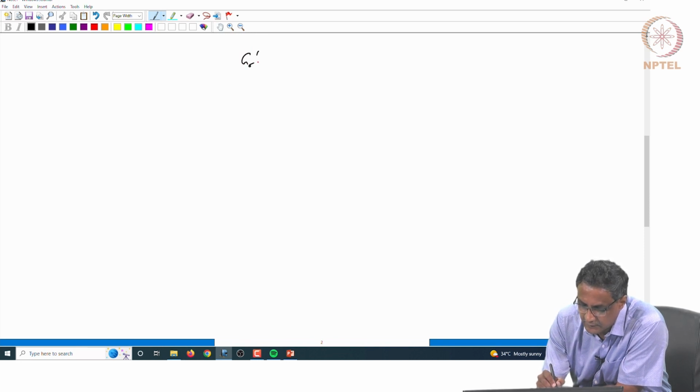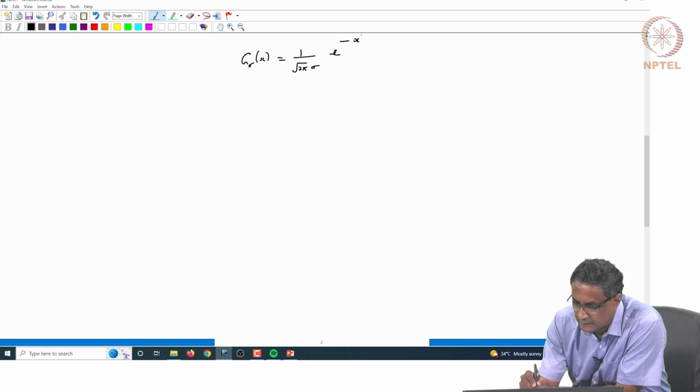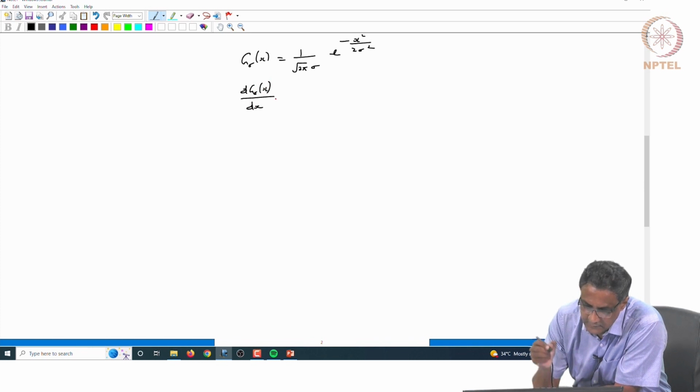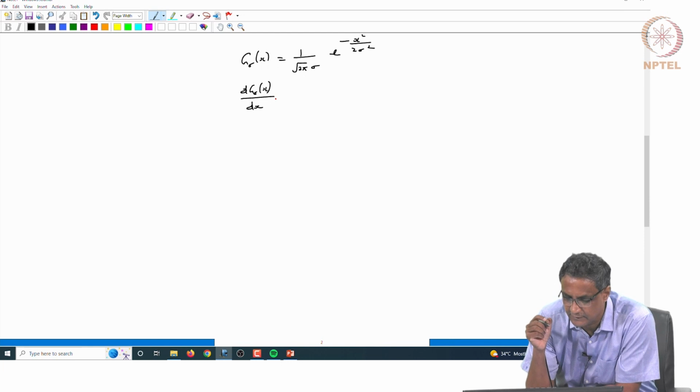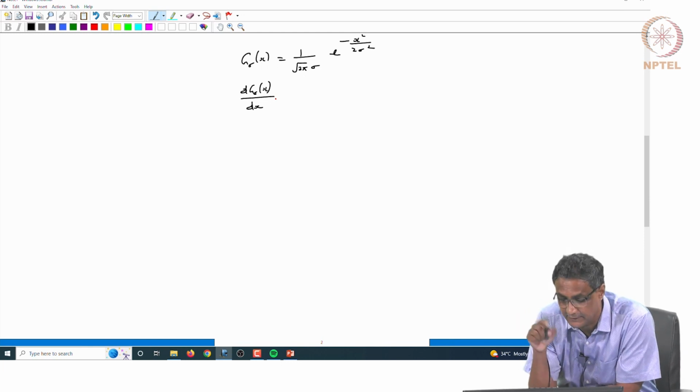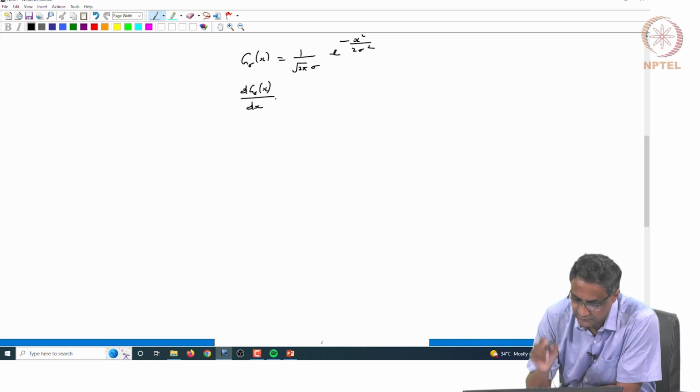You have your g sigma of x as 1 by root 2 pi sigma e raised to the power minus x square by 2 sigma square. Let us differentiate with respect to x. There is also another derivation that is more interesting, which you will see later, when you differentiate with respect to sigma. But in this case, this is all with respect to x.